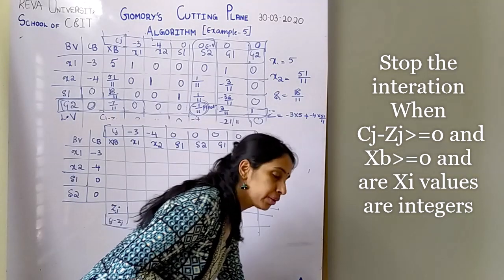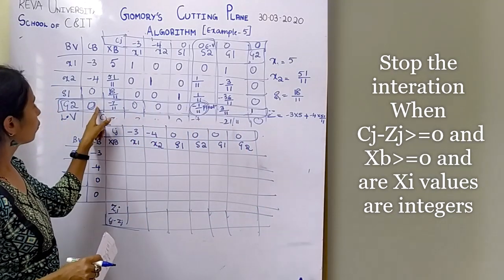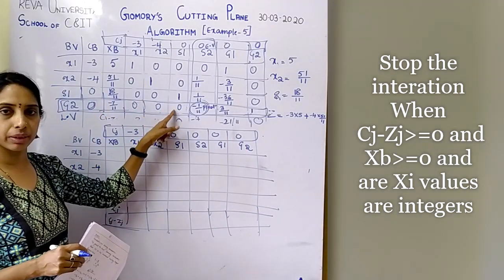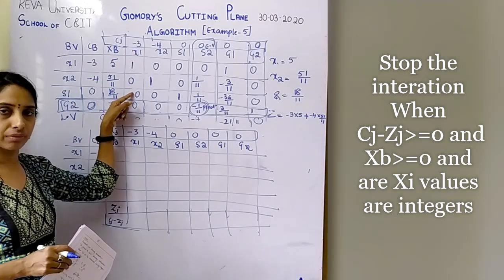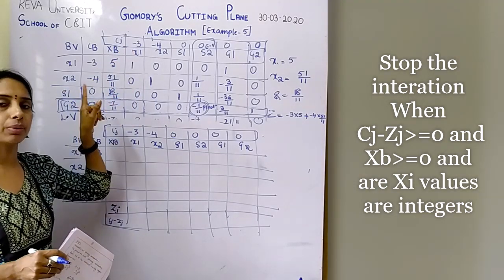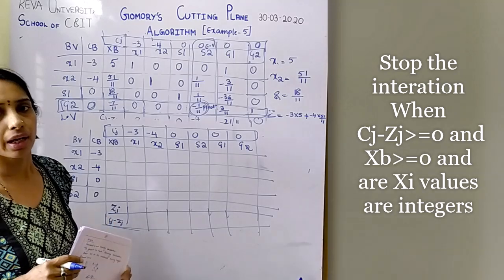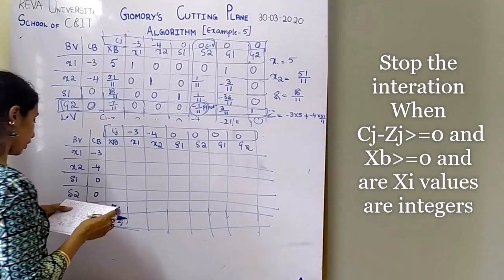So fill the table. You all know the equation now. For this row, the old value divided by pivot, and for the remaining rows, old value minus new value into the value in the entry column. So find out the values here.